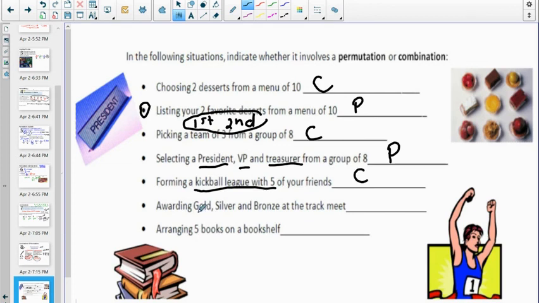Awarding gold, silver, and bronze, you're awarding different awards, so they're going to be different rankings. Order matters, permutation. If you're arranging 5 books on a bookshelf, like first, second, third, that would be permutation because how you arrange those books on that bookshelf does matter.